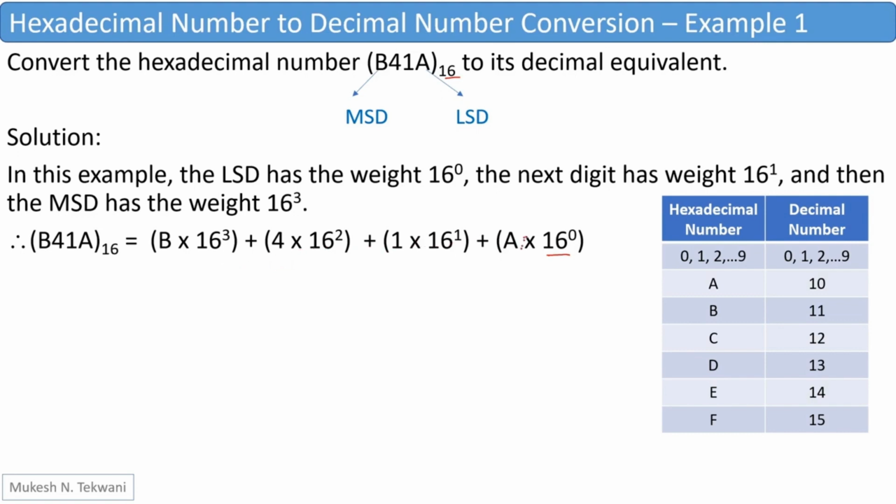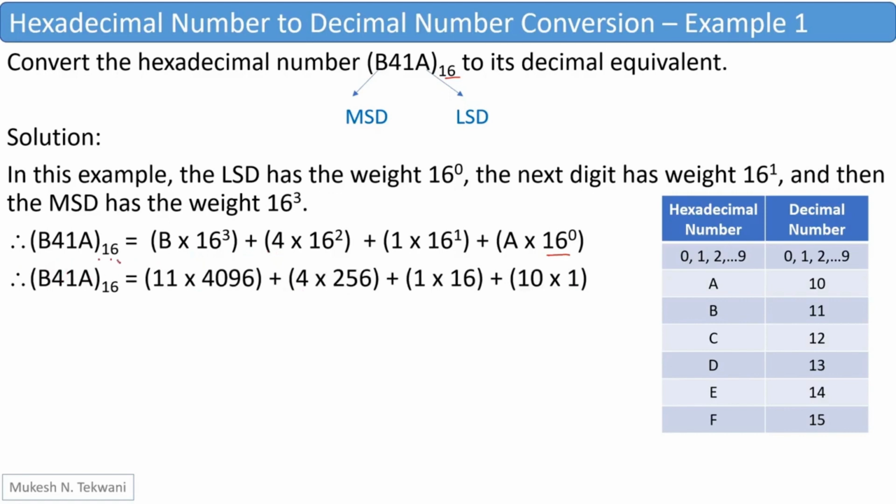So the powers of 16 keep increasing as we go from the least significant digit towards the most significant digit. Power of 16 is 0, 1, 2, and 3. So this becomes the equivalent value.